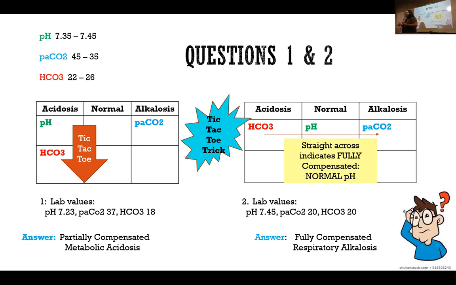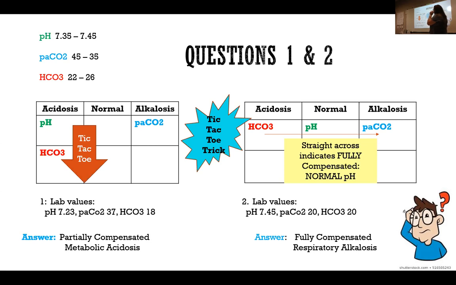Usually the body's not 100% in the middle, so we can tell if it's acidic or alkalotic based on how close it is to that side. Let me explain. Our pH is 7.45. Which side is that closest to? Alkalosis. So that's how we tell that this body is alkalotic. And then when we look at the respiratory level, it's a 20.